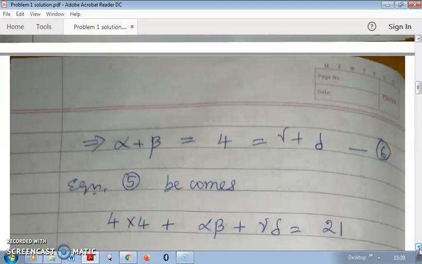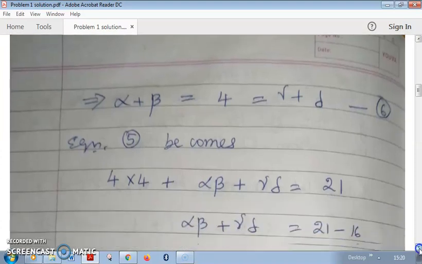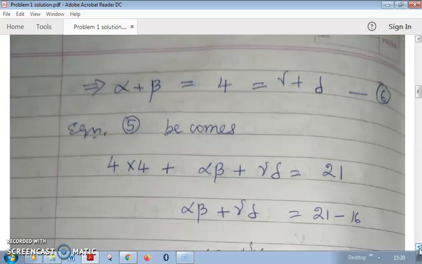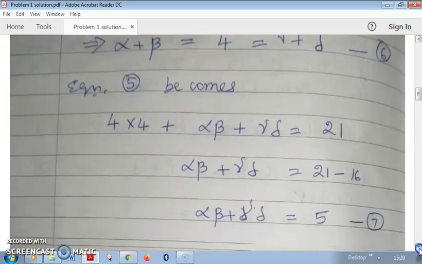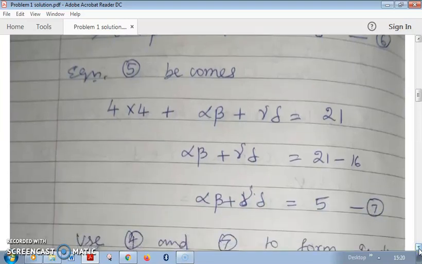So equation 5 becomes 4 into 4 plus alpha beta plus gamma delta equal to 21. Alpha beta plus gamma delta is 21 minus 16, that is 5.